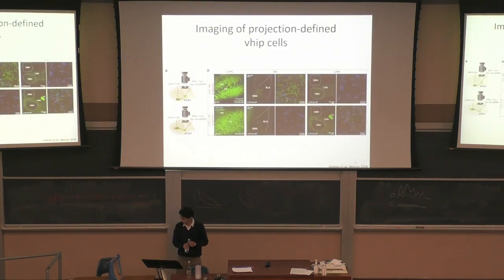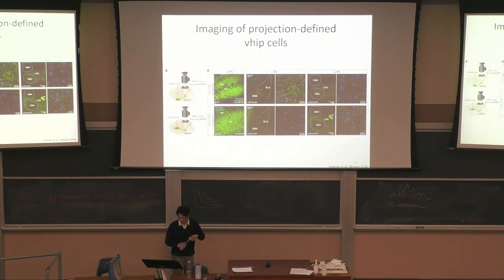Then they do this very cool thing, which is, okay, we already studied the activity of ventral hippocampal cells and glutamatergic and GABAergic cells separately. So now let's look at cells of ventral hippocampus that project either to amygdala or lateral hypothalamus.